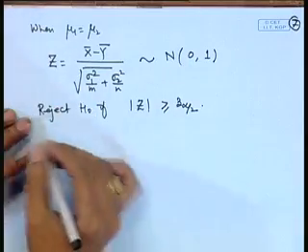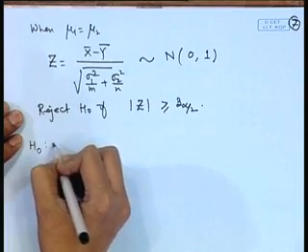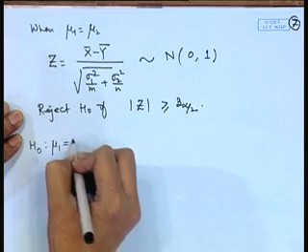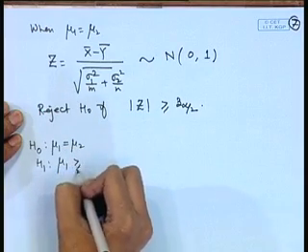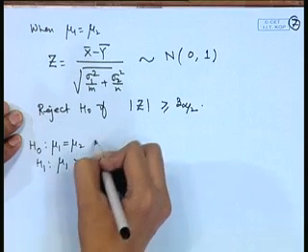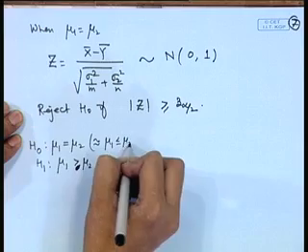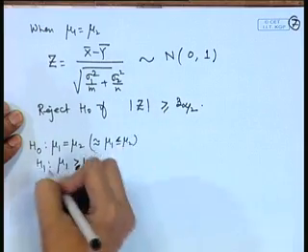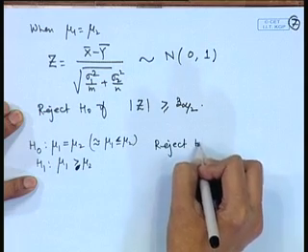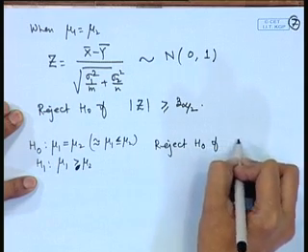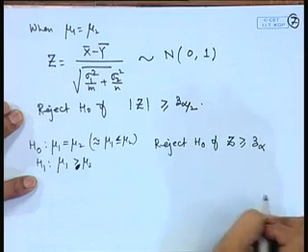We can answer the question for the one sided hypothesis testing problems also. For example, if I have mu 1 is equal to mu 2 against mu 1 greater than mu 2, which is also equivalent to writing mu 1 less than or equal to mu 2, because the rejection region depends upon the alternative hypothesis. So, we may take the rejection region as: reject H naught if z is greater than or equal to z alpha.